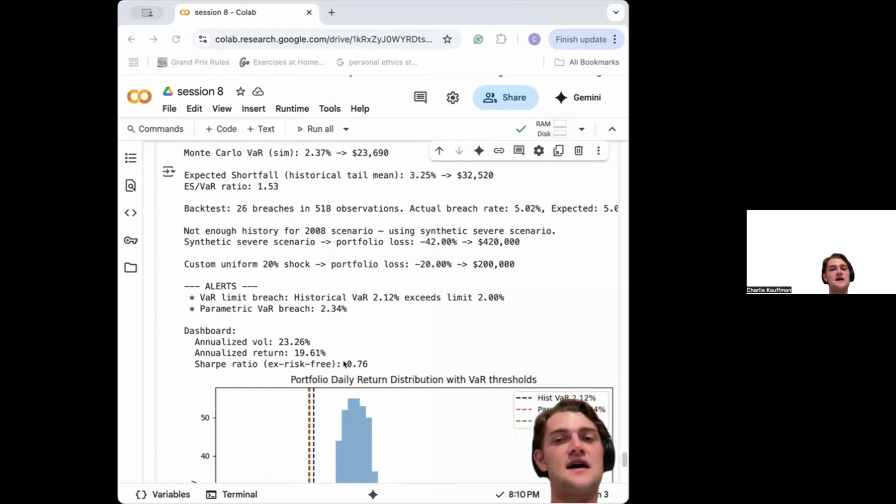If the Sharpe is low or negative and the VaR is high, that's the worst case, because we're taking a lot of risk but not getting enough return for that risk.